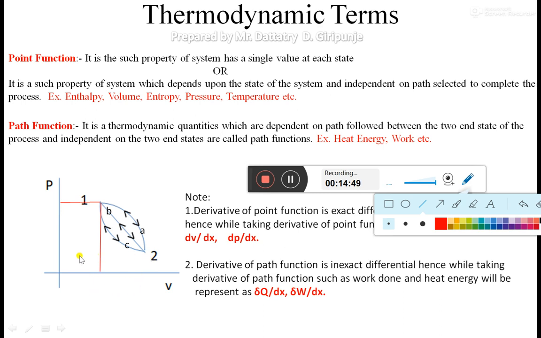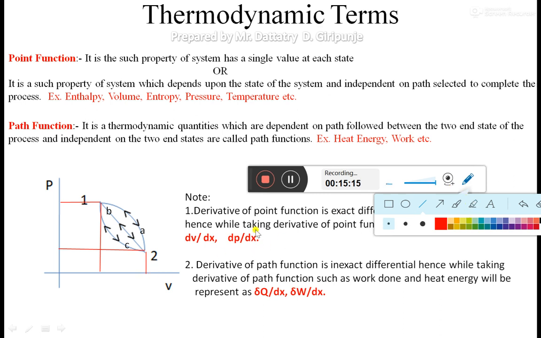If I ask you what is the pressure at state 2, you will tell me the pressure with respect to this point will be P2, the pressure at point 2 or state 2. If I ask you what is the volume at state 2, you will tell me this is the volume at state 2.